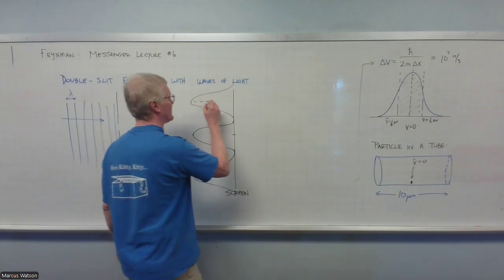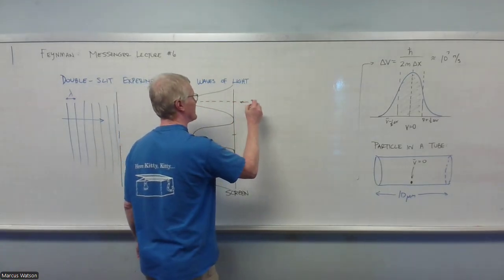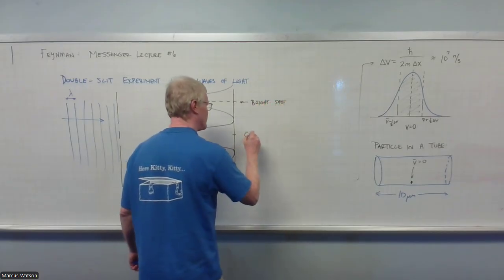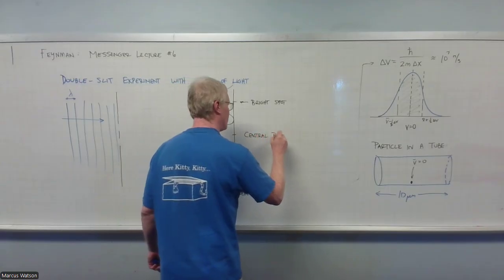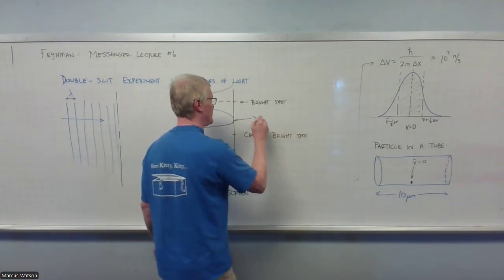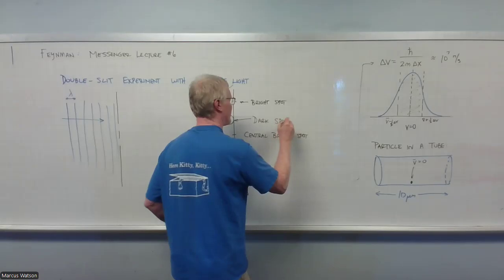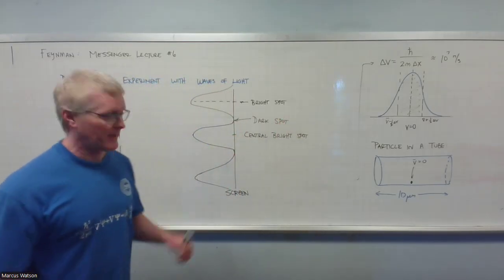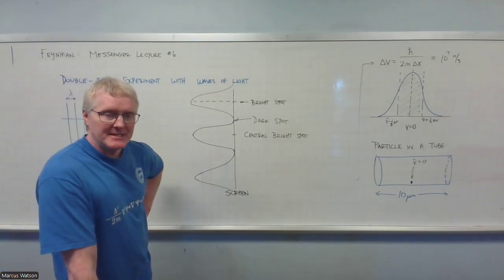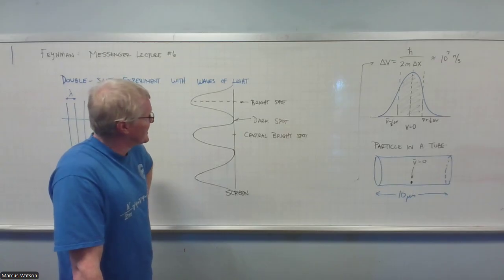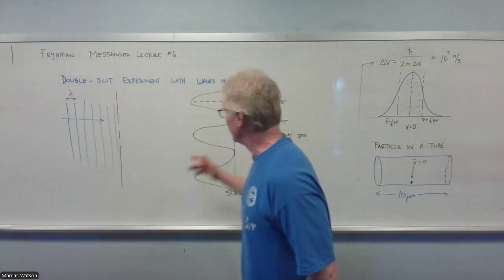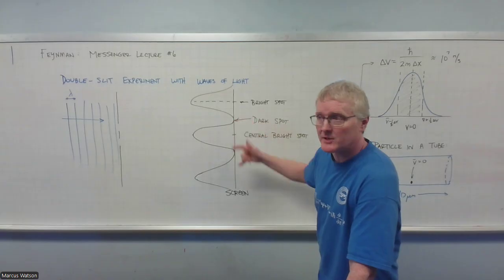This is a bright spot, and it's located right here. This is our central bright spot. And of course we have the dark spot here, and the same is true down here. Thinking of the intensities, we have large intensities of light at different points here, here, and here, and zero intensity in between. We don't expect any light to hit here.